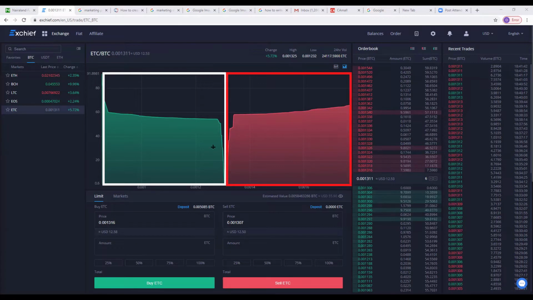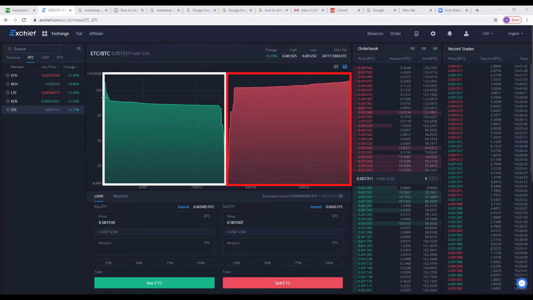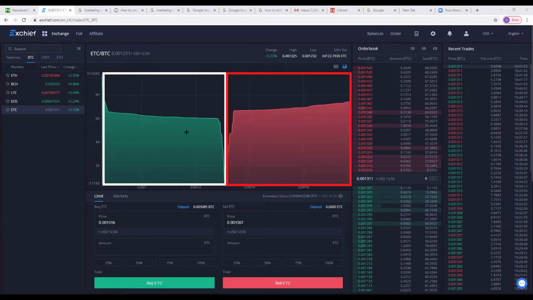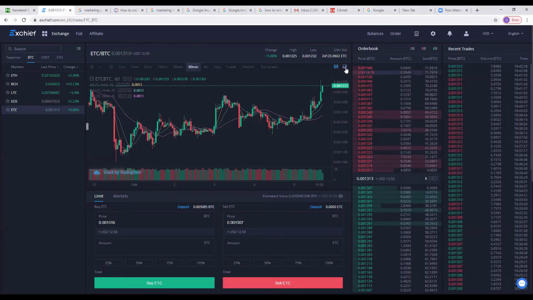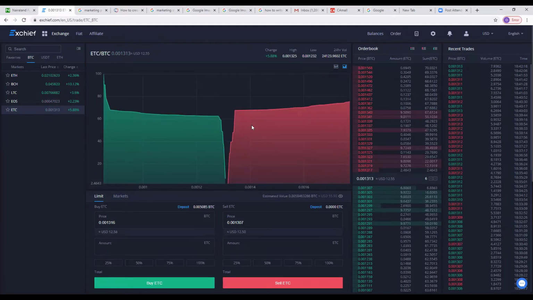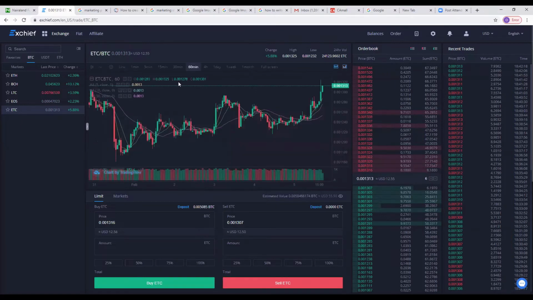Everything you see here in green represents buy orders. We'll look at that when we get to the order book area. Everything you see represented in red are sell orders. So let's keep that in mind. The greens are for buys and the reds are for sells. That's just the difference between the candlestick representation over here and this representation. But other than that, both of those represent the same thing.